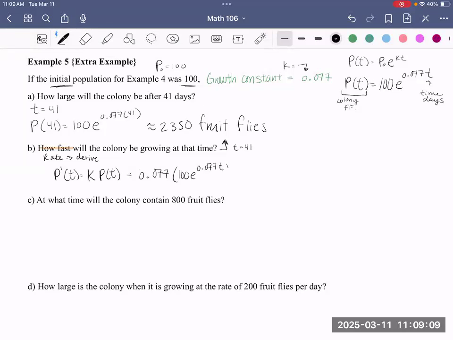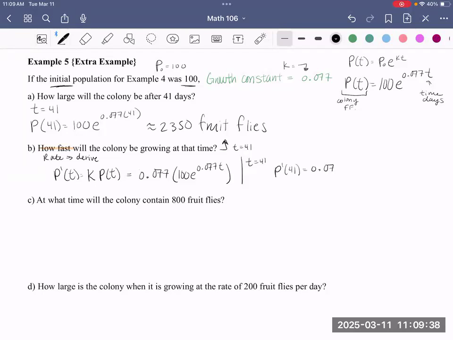100 e to the 0.077 t. Now, you'll notice that I'm not going to bother simplifying here, but if this is your rate of growth or decay, in our case, it's going to be growth because we have a positive rate here. But now we want to know, okay, what is the amount that it's going to be growing by when it's 41 days? So we can go ahead and work that in.